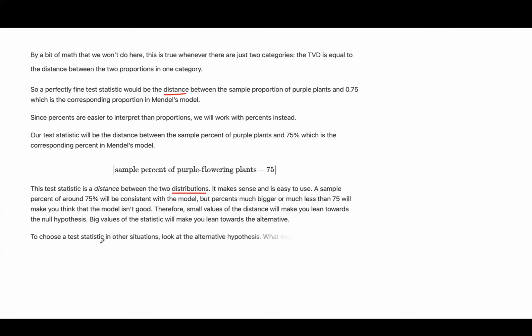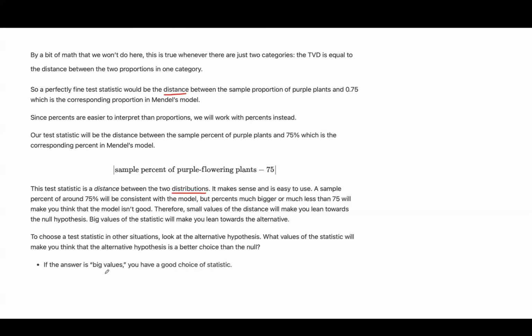To choose a test statistic in other situations, look at the alternative hypothesis. What values of the statistic will make you think that the alternative hypothesis is a better choice than the null? If the answer is big values, you have a good choice of statistic.